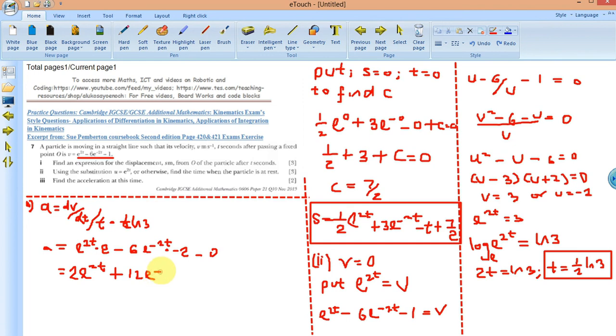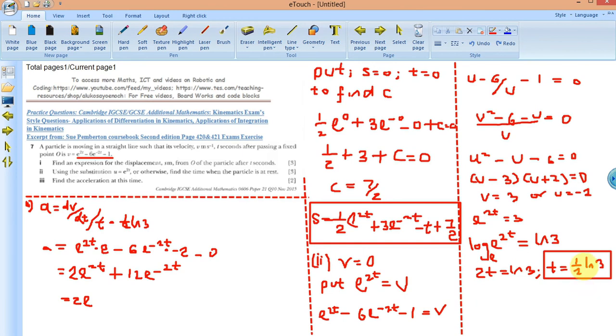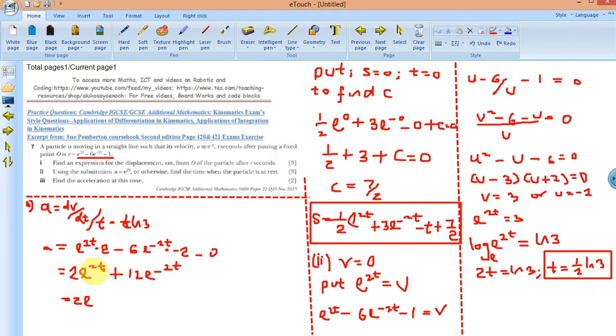So then I have 2 exponential, now 2 times half, because I want to put half ln 3. So 2 times half goes to 1. So that will be exponential ln 3 plus 12 exponential minus 2 times half, which is 1, so minus ln 3.